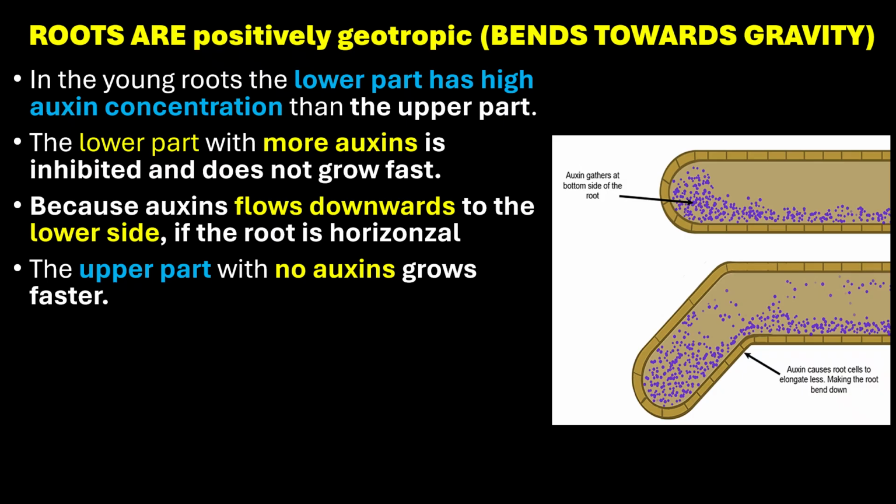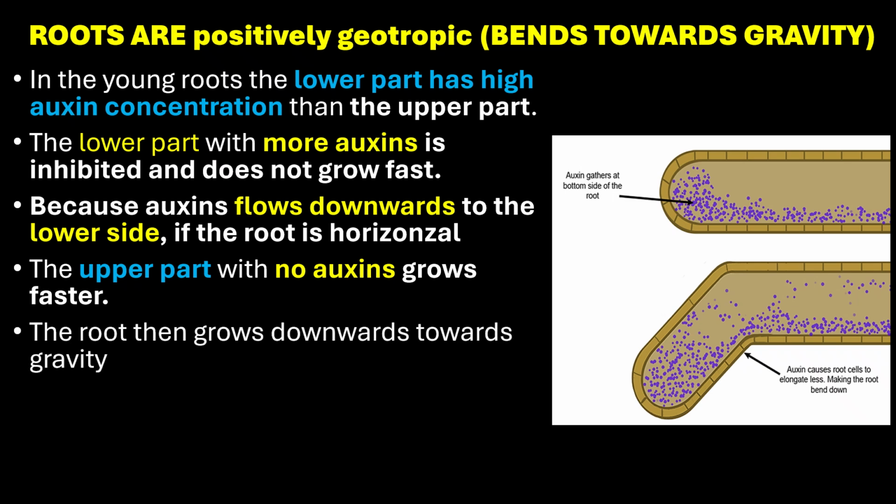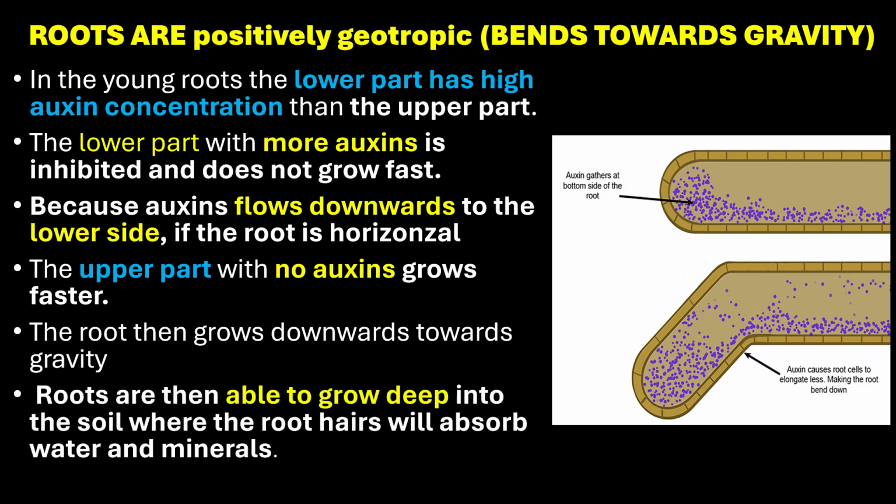Because auxin behaves differently in the roots and also in the stem. In the roots, a high amount of auxin will inhibit growth. Rather, a low amount of auxin is needed for roots to grow. So the root then grows downwards towards gravity. Roots are then able to grow deep into the soil where the root hairs will absorb water and minerals.